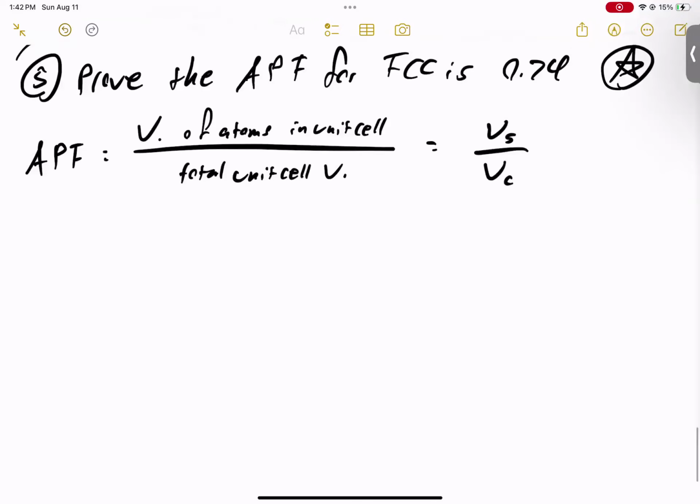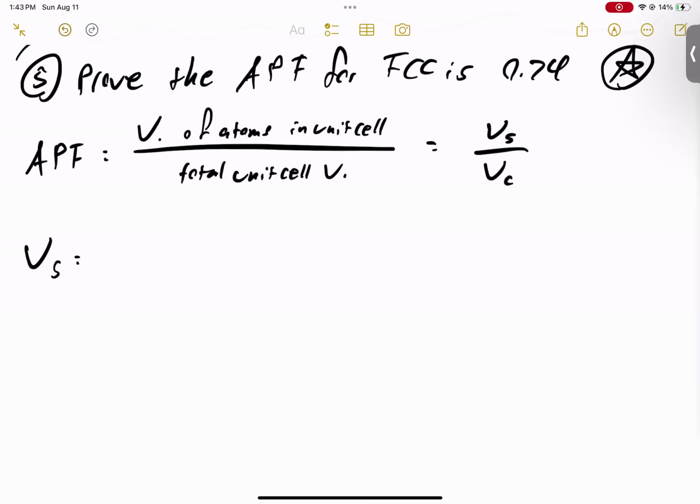So Vs is equivalent to, okay, great. When it comes to the volume of the atoms, this is why it's important that we establish that we're working with a hard sphere model, where we can assume the spheres are touching and that they are actually spheres. We can use the equation for the volume of a sphere, which is 4 over 3 times pi times the radius raised to the third power, multiplied by the number of atoms we have.